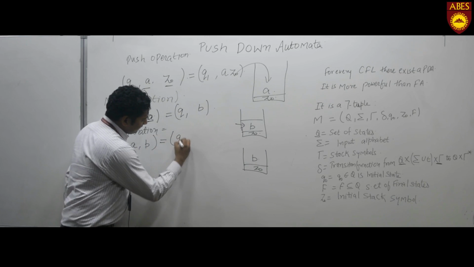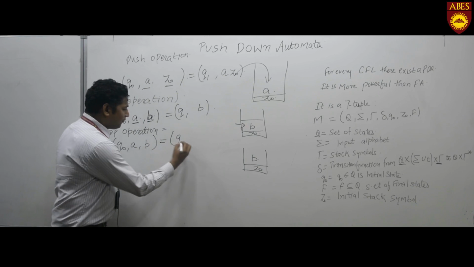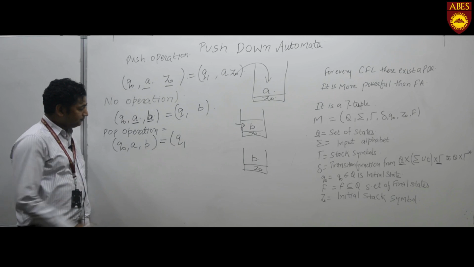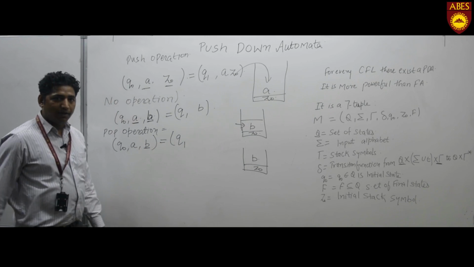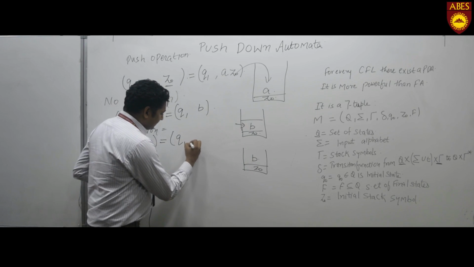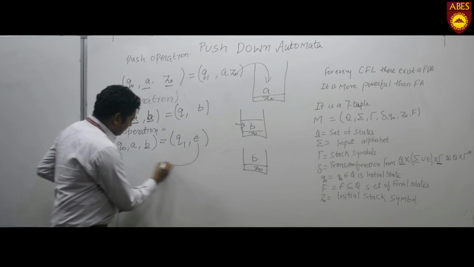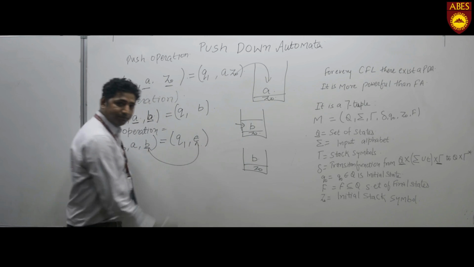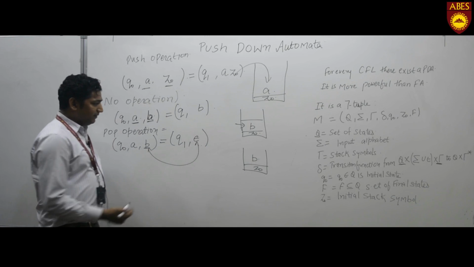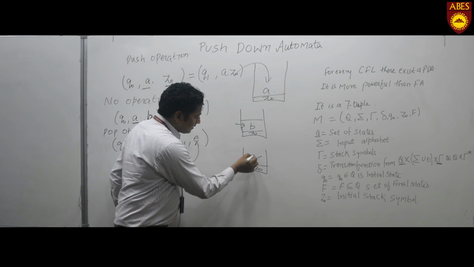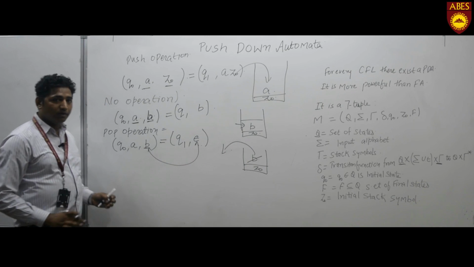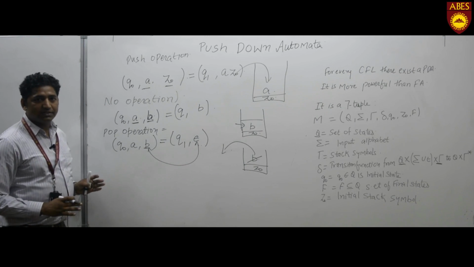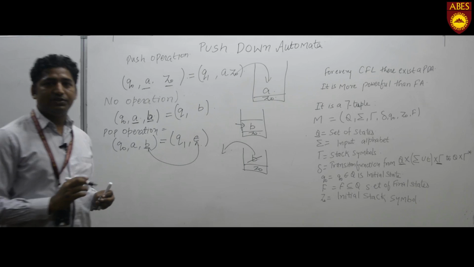We change the state, moving from Q0 to Q1, and we replace this top symbol B with an epsilon. So B will be popped from the stack. So these are the major operations that we will do in pushdown automata.